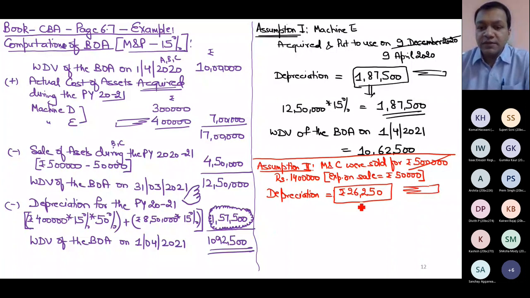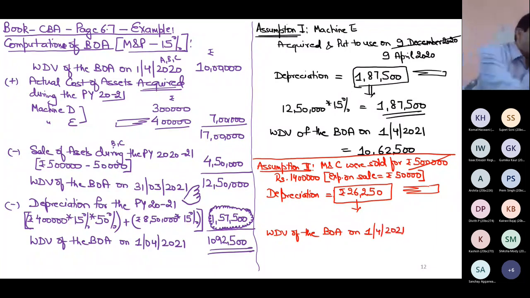And the impact of this will be on the WDV of the block of asset on 1st April 21. Hurry up, let everyone try to check. Then only I will proceed.